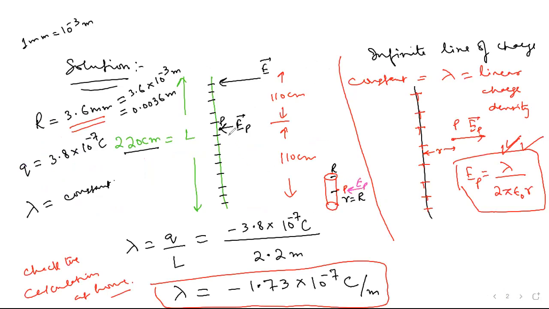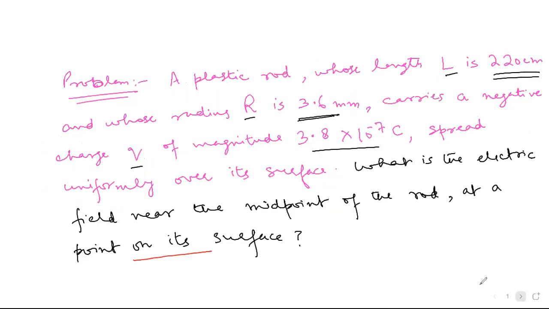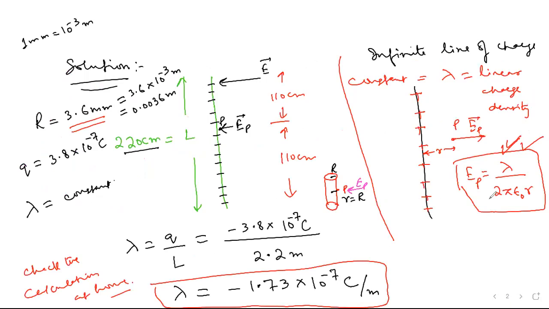As I have shown here. You can see how we make use of the expressions for infinite charge distributions for finite charge distributions as well, for suitable points of observation.